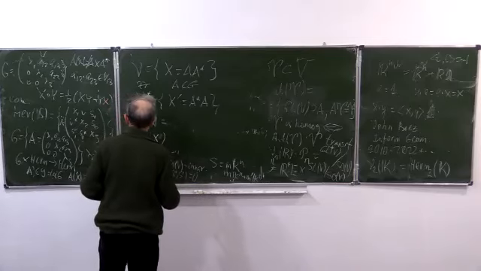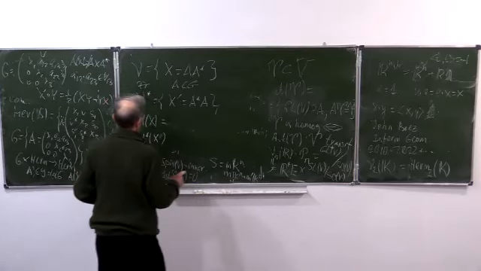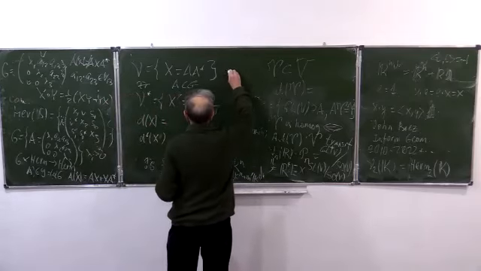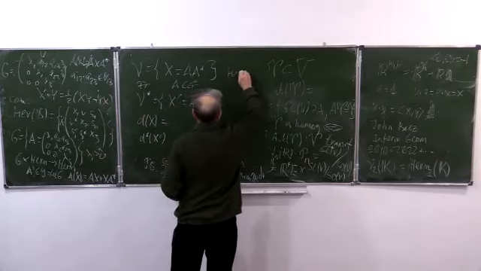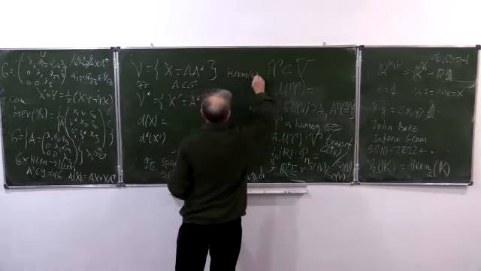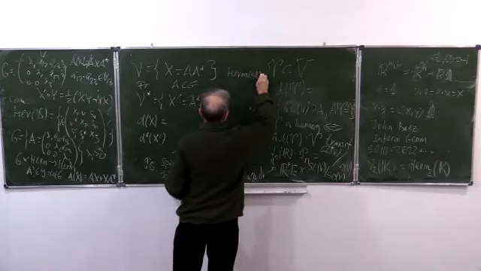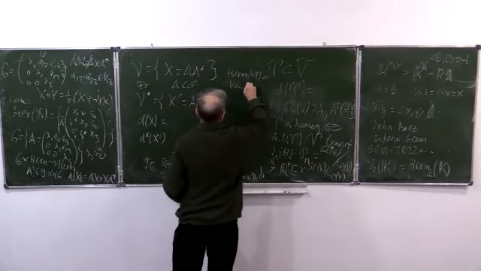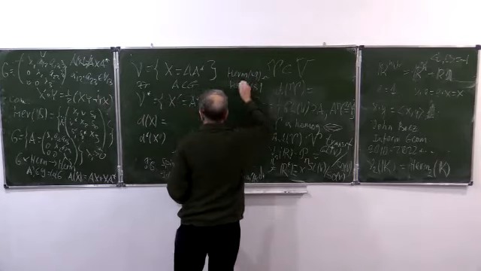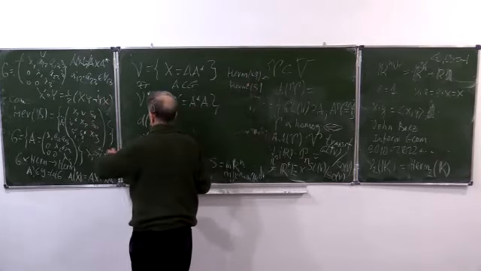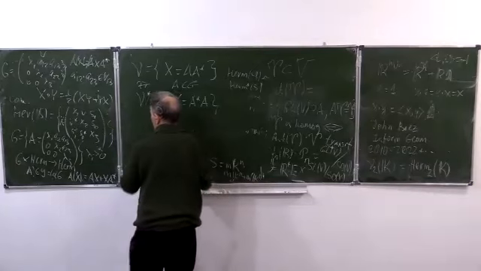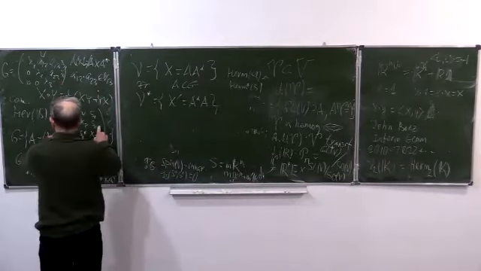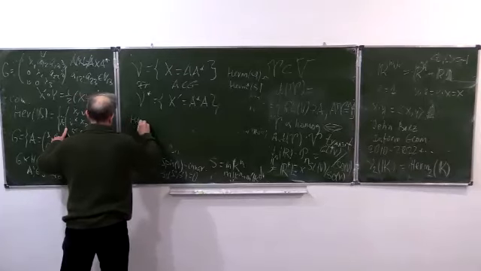First of all, we can identify, using the metric, Herm S with the dual space of Herm S, using the metric which we have here. What is Herm of S?